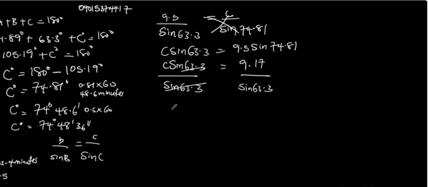This cancels this. My side C is equal to 9.17 divided by sine 63.3. And that gives me C is equal to 10.3 centimeter.